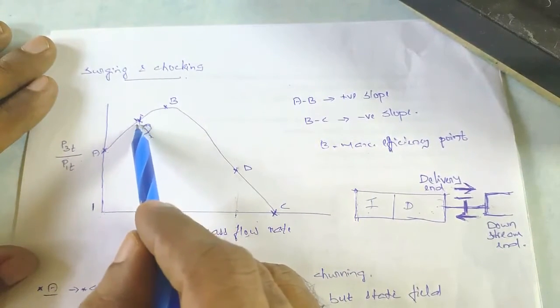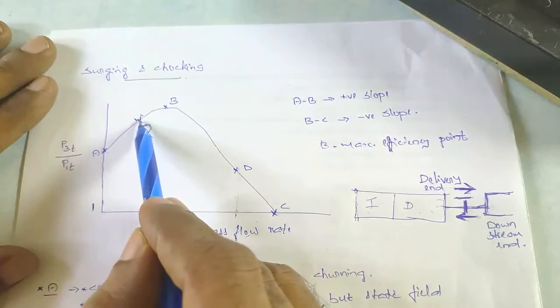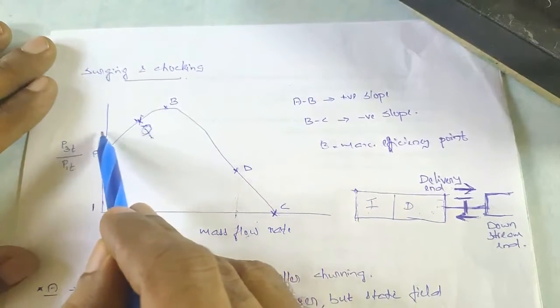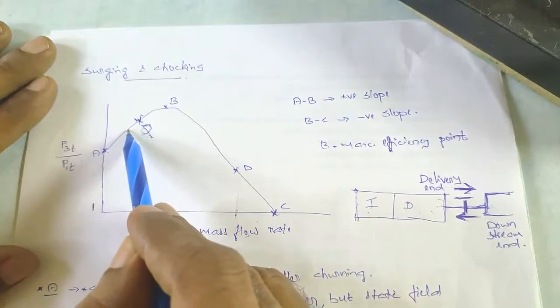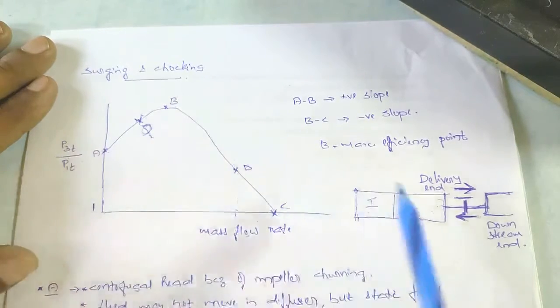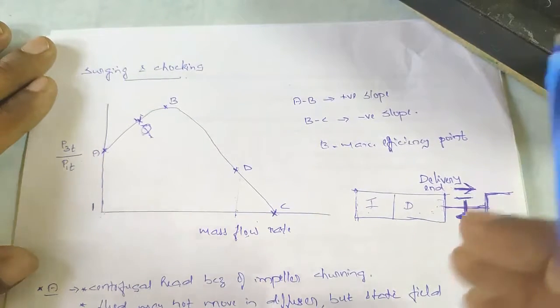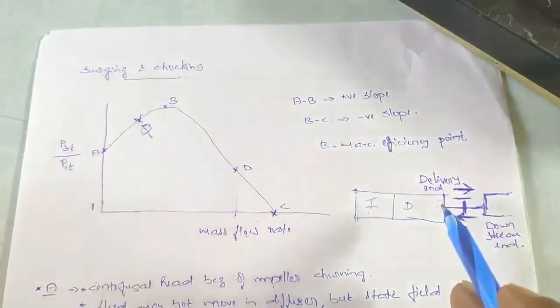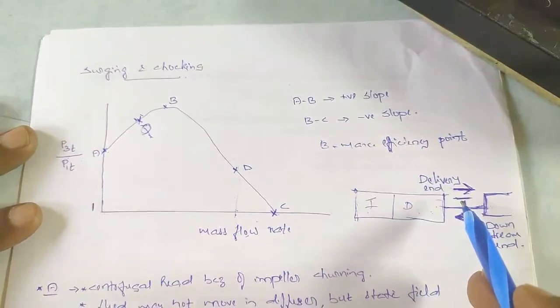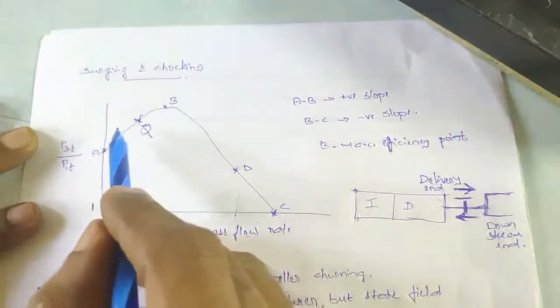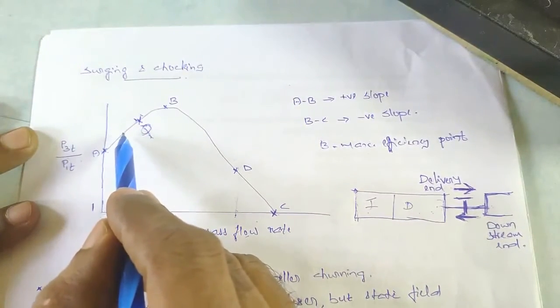you can see that when the mass flow rate decreases from this point Q, the pressure ratio decreases rapidly. That means at a point between A and B, for example at Q, when the mass flow rate decreases a very little, with a small disturbance in the flow or a small closure of the delivery valve, the pressure ratio decreases drastically.